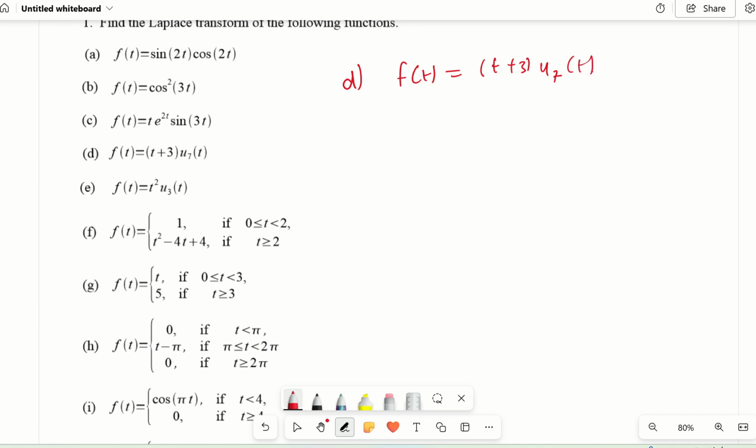So let's simplify this one. It's u of t minus 7. This one is f of t, still f of t.